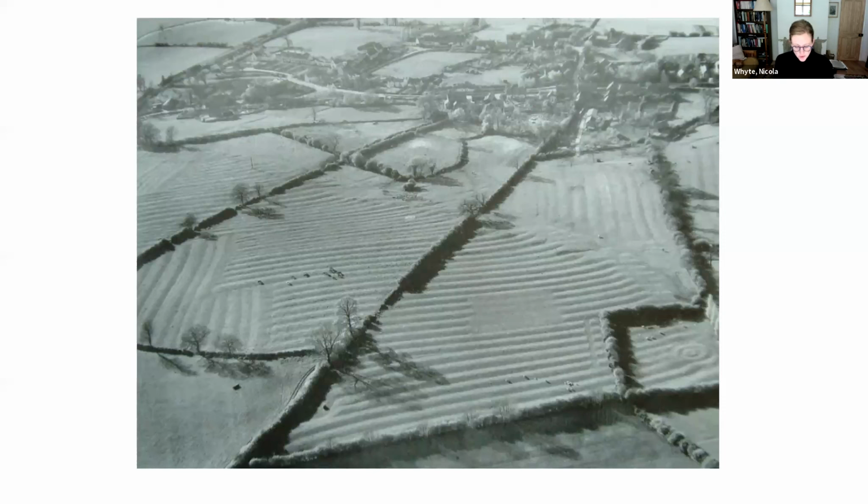More broadly, enclosure is treated as part of an argument about modernisation and the shift from communal land use regimes to private property, culminating in the 18th and 19th century parliamentary enclosure movement, shown here on this wonderful aerial photograph of the drawing board landscape that's described by Oliver Rackham, cutting across and indeed fossilising the former remains of open field land beneath pasture.